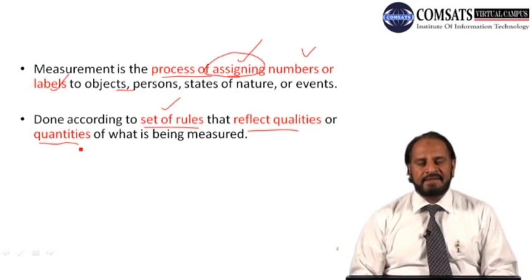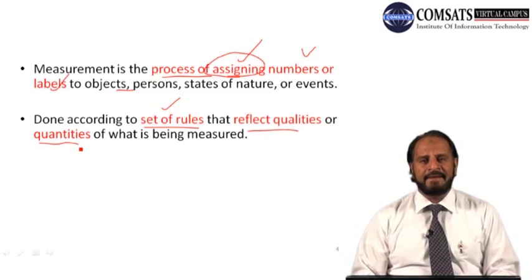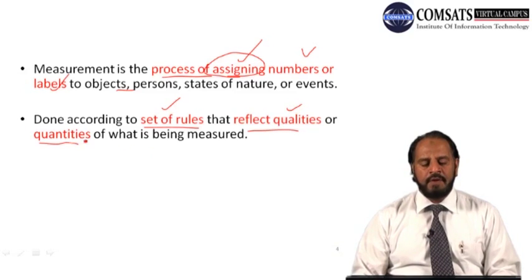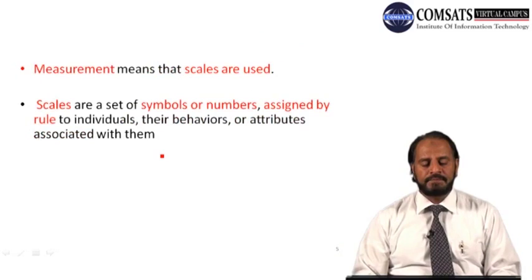When we say we like a certain thing or dislike a certain thing, this is more of a quality, reflecting the quality of the response, whereas when we say we have two t-shirts, or we have so much money, these are quantitative responses. Again there are rules we need to follow, and we need to answer according to those rules.